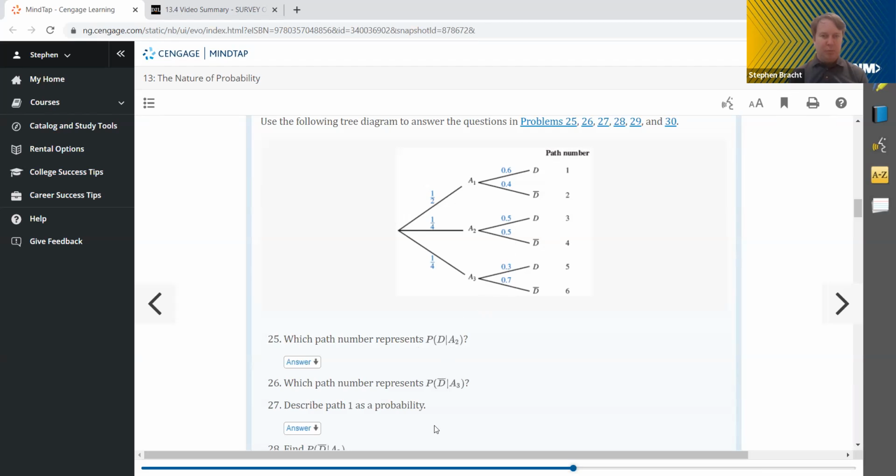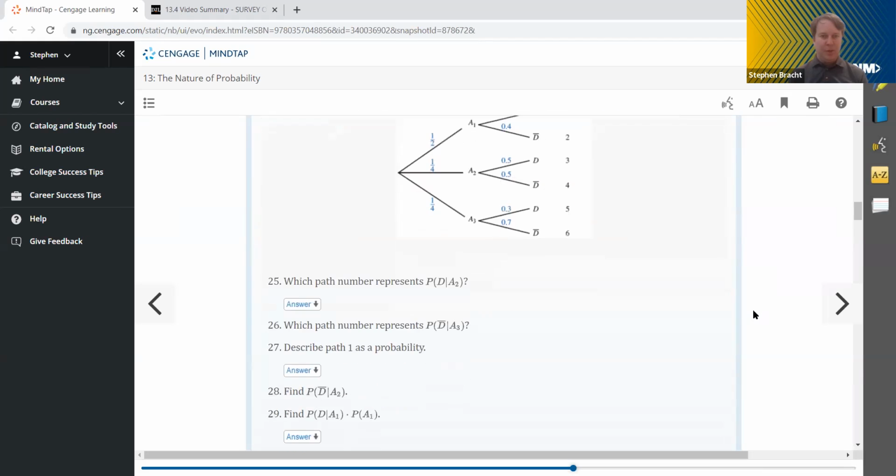Similarly, probability of the complement of D given A3. Here's A3, so that's given. And what's the probability of the complement of D? That would be right here. It would be the second branch of path 6 is what that probability represents.